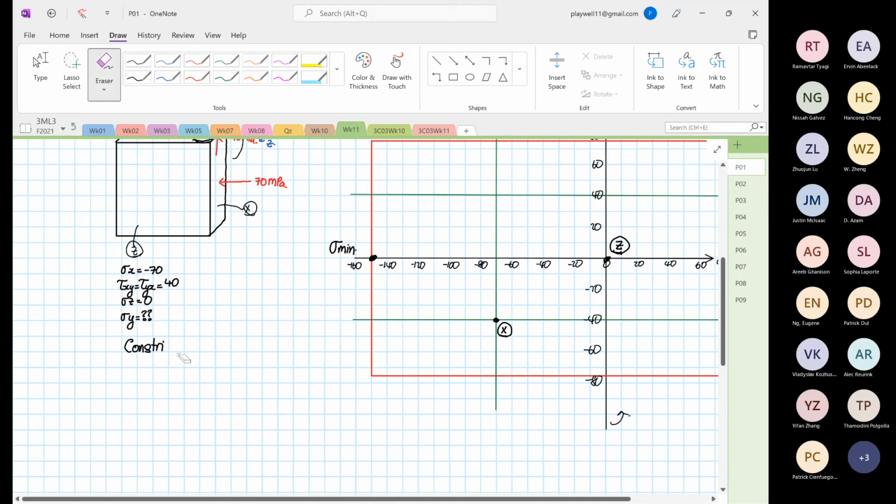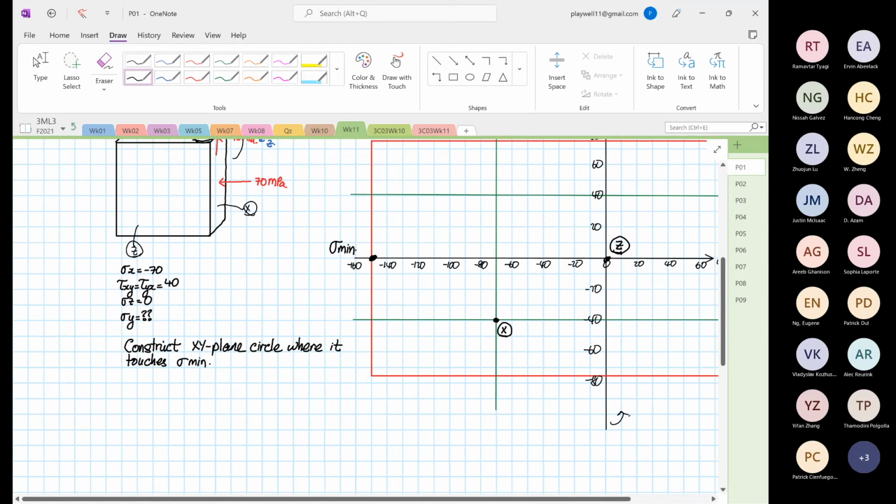We're going to construct the XY plane circle where it touches the stress minimum.